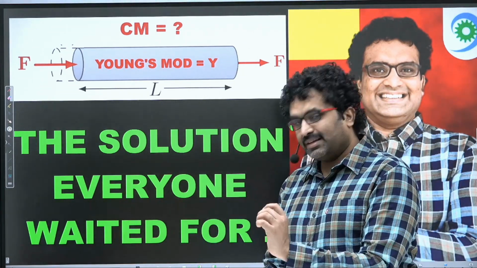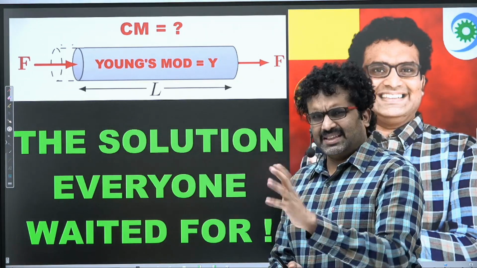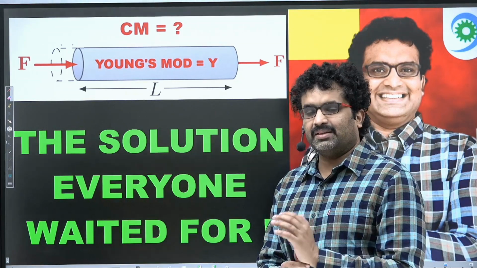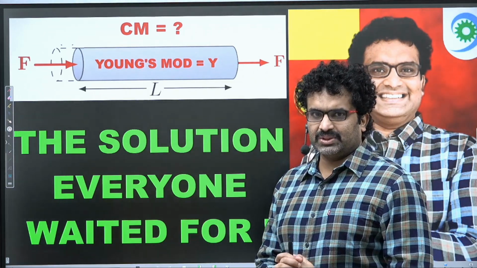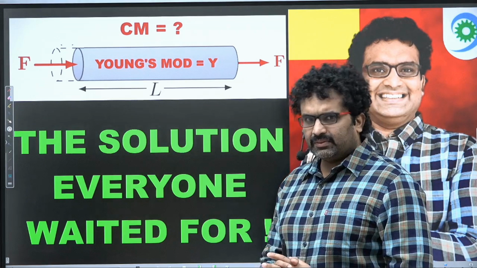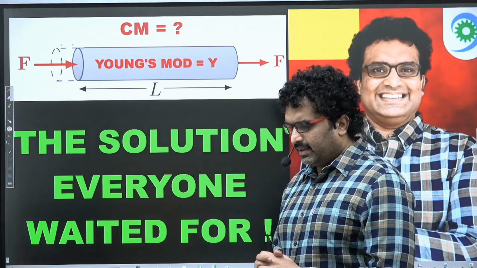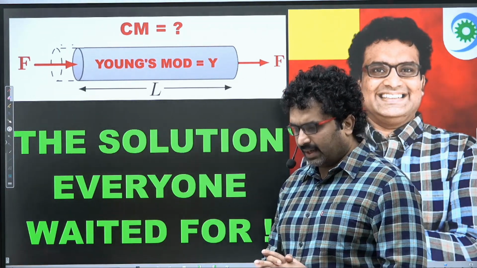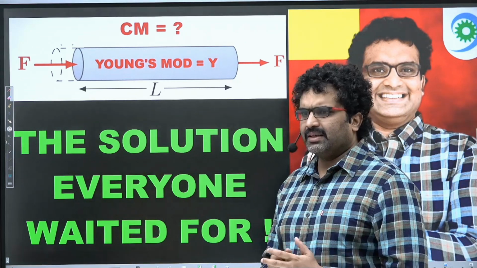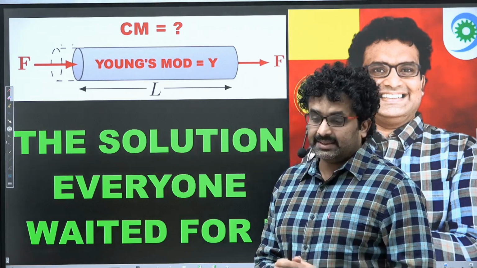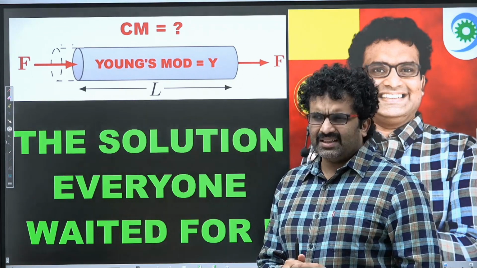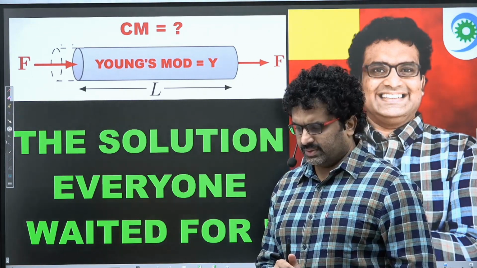I was expecting very close to 100, but I was very surprised to receive so many solutions, of which a higher number were right. I was expecting at least only 5 to 10 solutions to be correct, but I was pleasantly surprised that there were nearly 30 odd solutions that were correct.